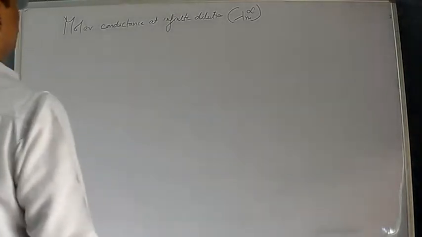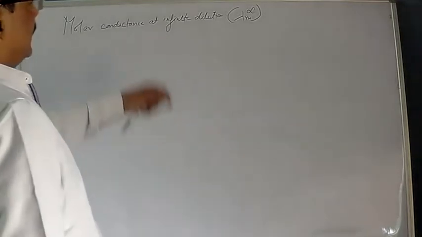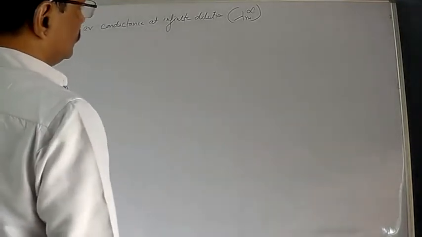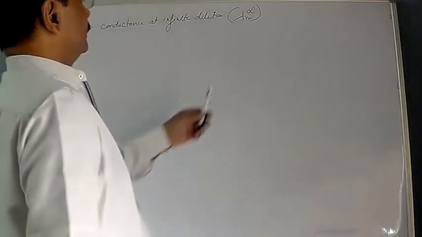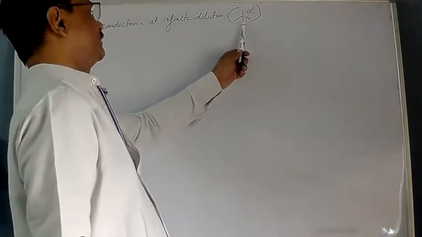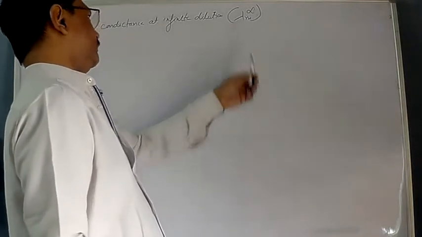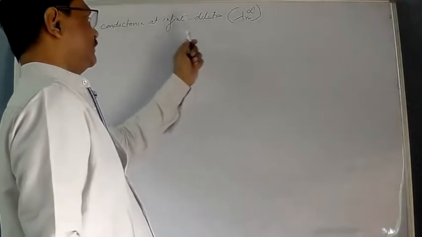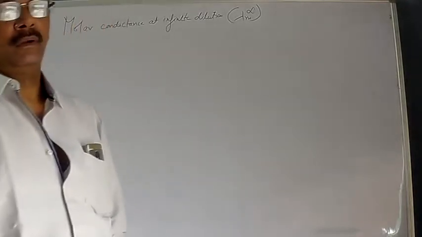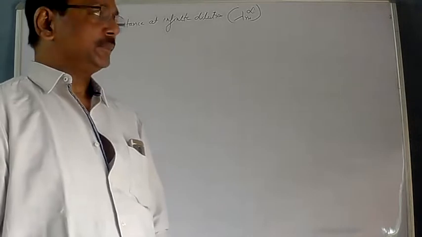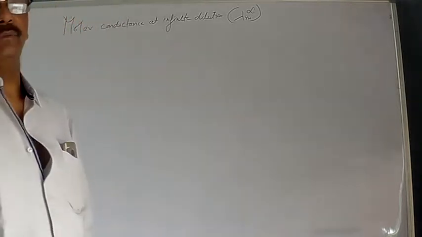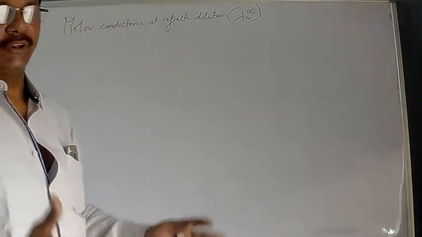Students, our next topic is molar conductance at infinite dilution. Class, you know very well, lambda m denotes molar conductance and this sign of infinity indicates molar conductance at infinite dilutions. Class, we have already studied that whenever we put any electrolyte in water, it gets dissociated.